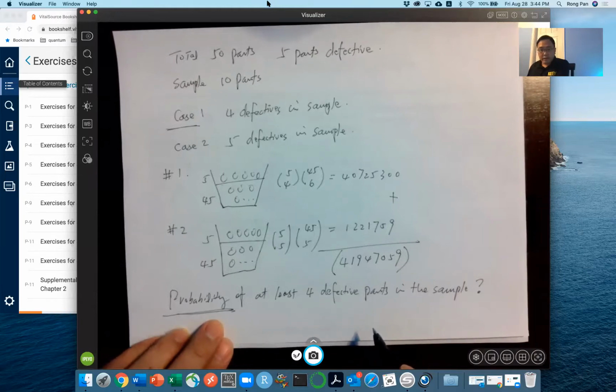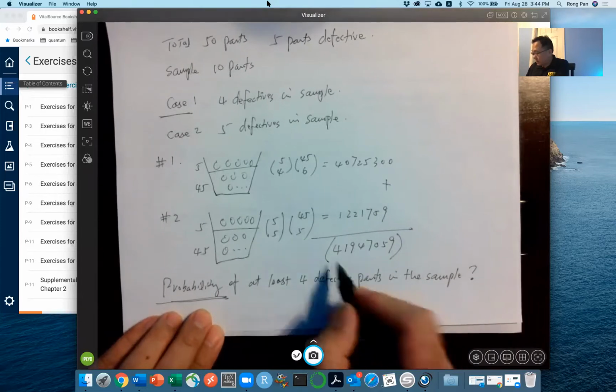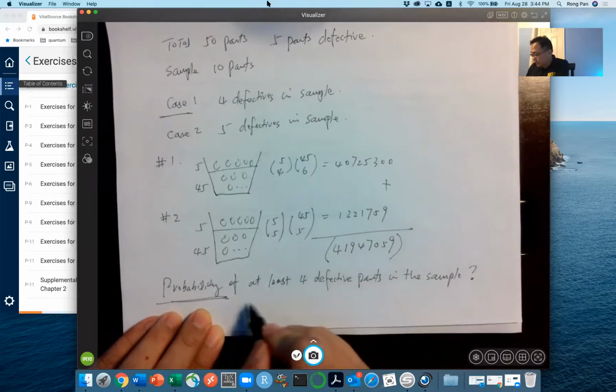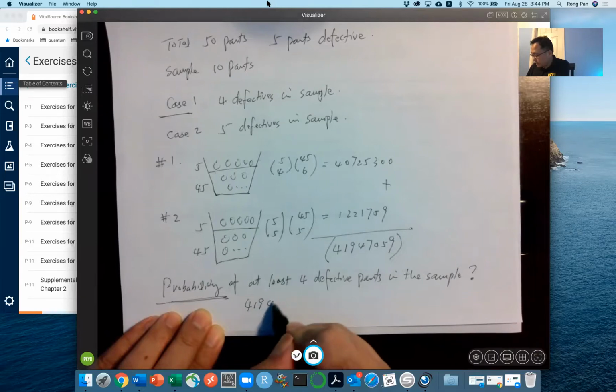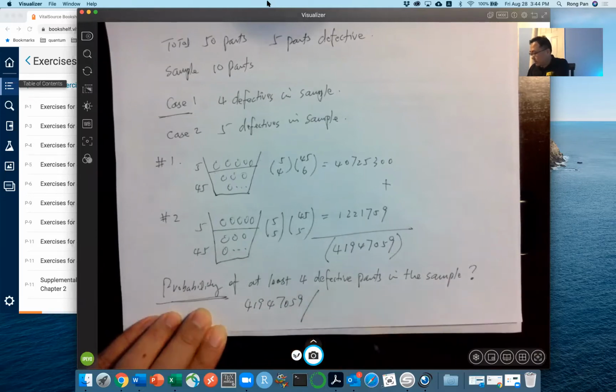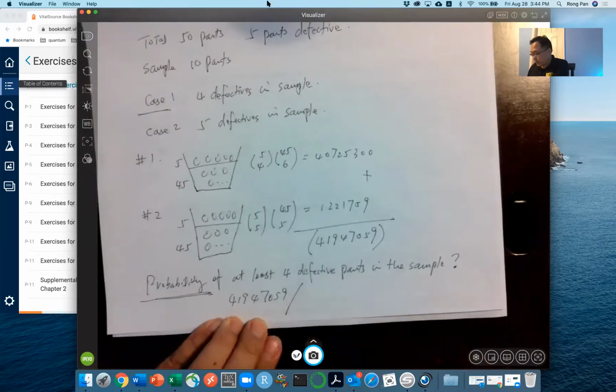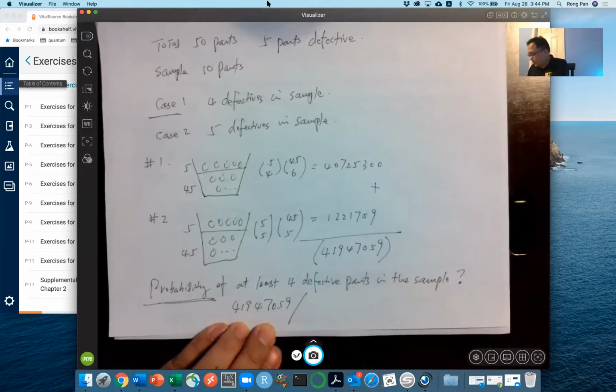So for the probability, it will be obviously this number over the whole sample space. Okay. So what's the whole sample space?